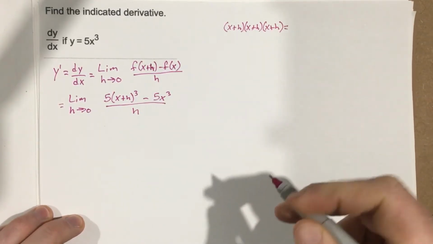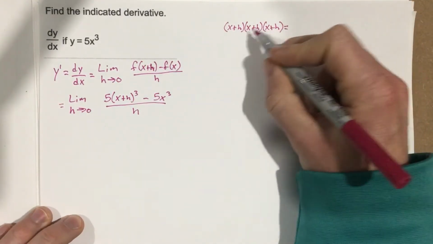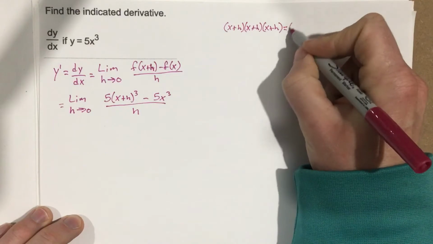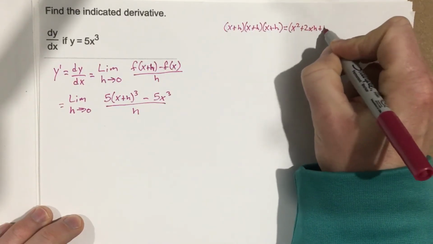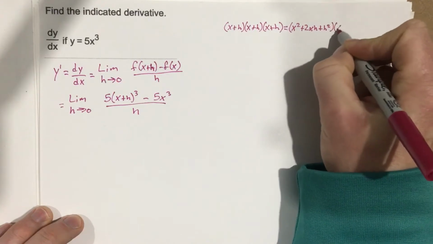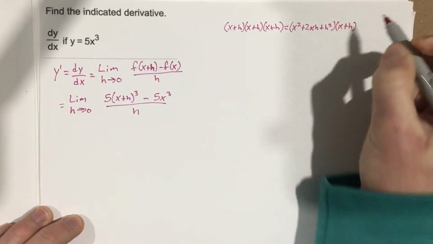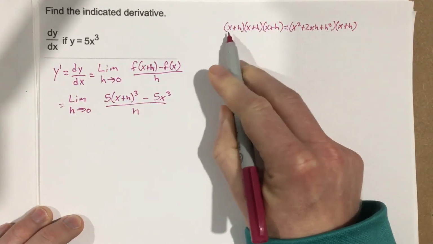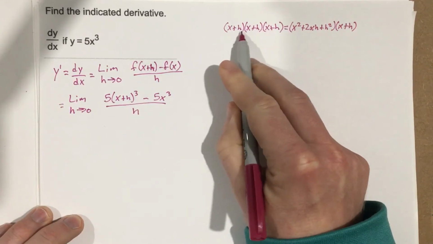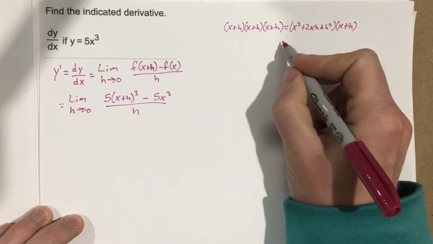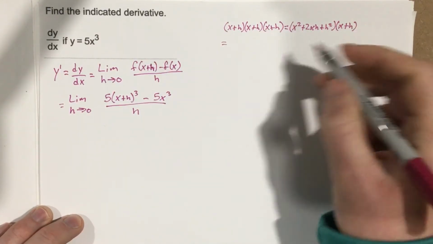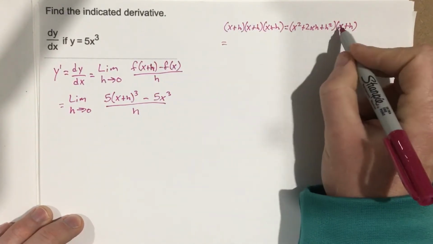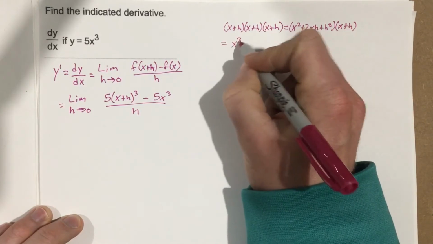And from our previous problem, we know that x plus h times x plus h is just x squared plus 2xh plus h squared. And we can get that by taking x times x, x times h, h times x, h times h. And then from that, we're now going to multiply it times the x and the h terms, so we get x squared times x is x cubed.